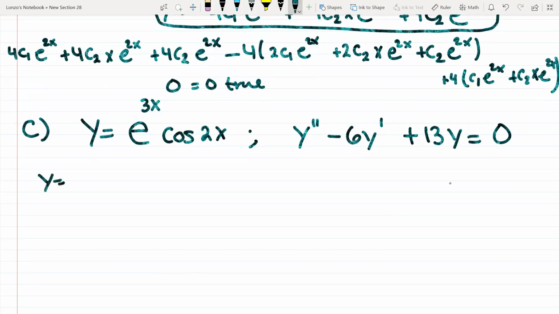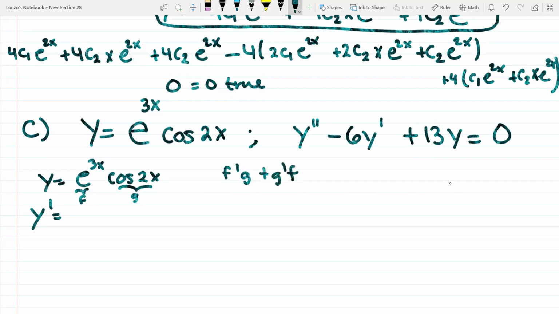So y is e to the 3x cosine of 2x, and then y prime, how would we take the derivative of this? Yes, if you use the product rule. My f is e to the 3x and my g is cosine 2x. Product rule is f prime g plus g prime f.